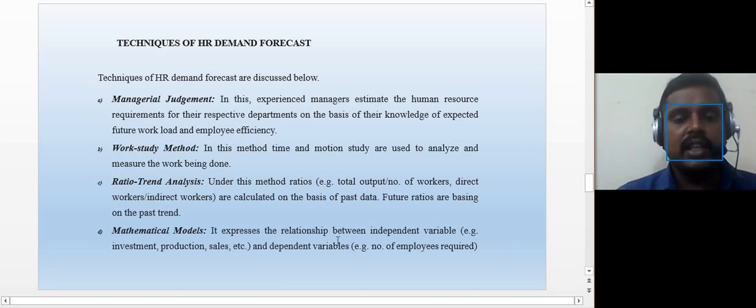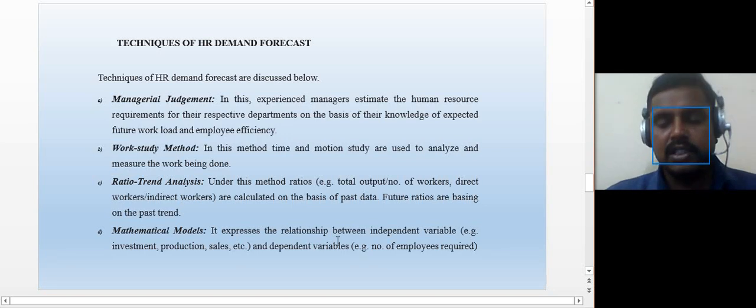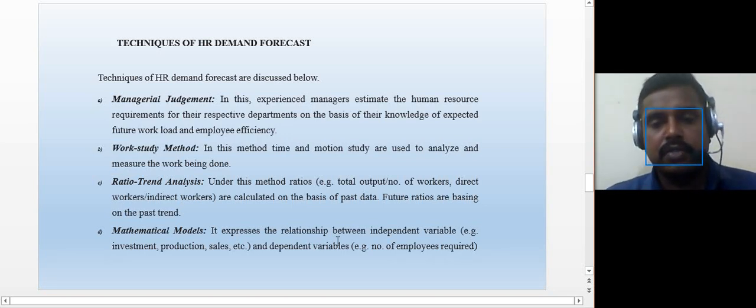So we can create such models. Managerial judgment, work study method, ratio trend analysis, and the mathematical model are very good techniques for forecasting HR demand in a future period.